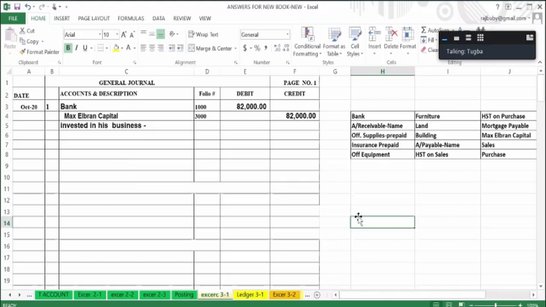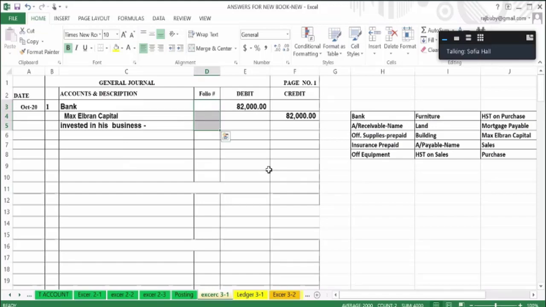Right now, question 1. October 1st, Max Elbrand, the owner, started the business by investing $82,000 cash. We should write the bank account and the capital, right?